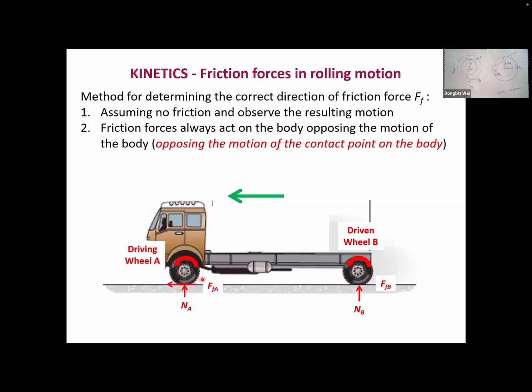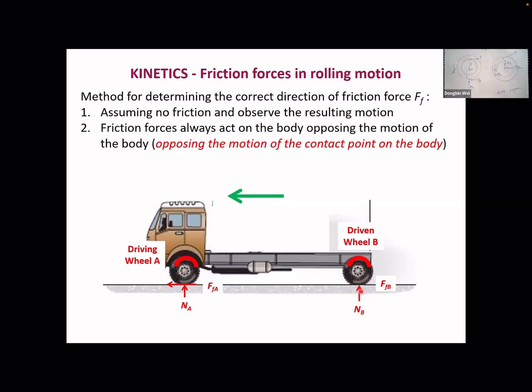If this friction at point A were to the right side, how can this vehicle move forward to the left side? Can you understand this? Actually, for this driving wheel, the friction on this driving wheel is actually the driving force of the vehicle. Why can this vehicle move forward? No this friction force, no moving forward of this vehicle. Can you understand this?